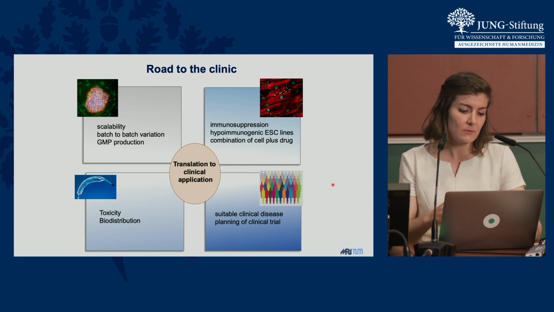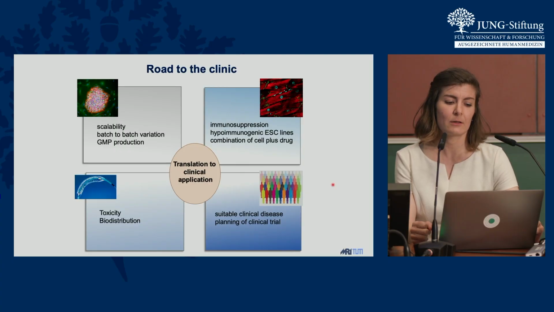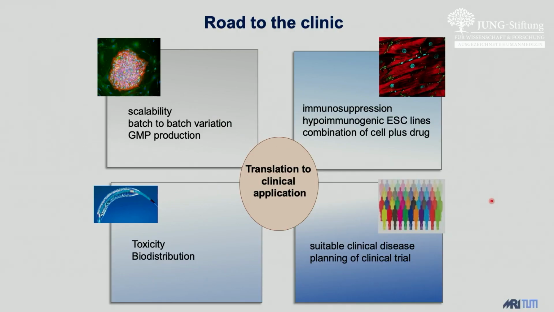And I think with these further milestones that we are addressing now in this project, we will be a further way down the road to the clinic, and then can think of many other questions that will arise in that journey, and then ultimately think of suitable clinical diseases and plan clinical trials.